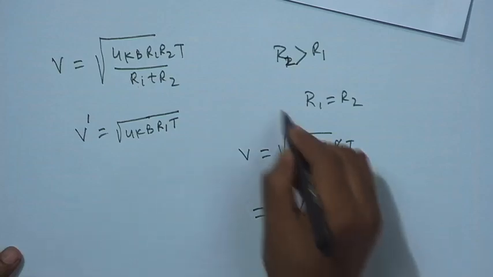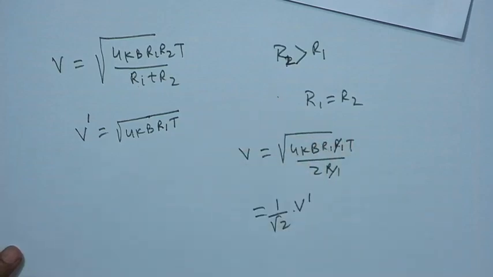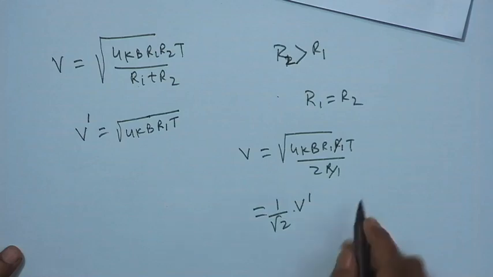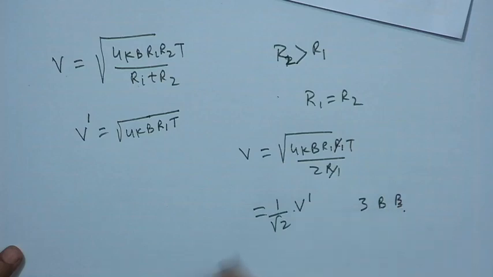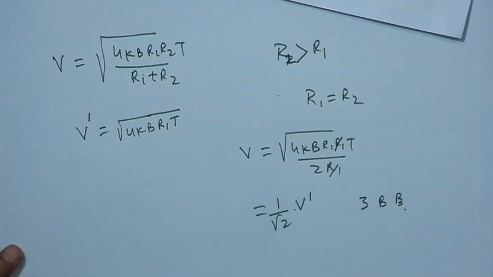So, if it is impedance match condition, then thermal noise voltage is reduced by 3 dB. At the same time, if it is impedance match condition, then available input power is E0 by 2, so it will be reduced by how much? 6 dB.